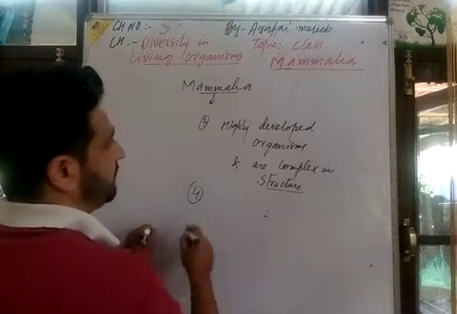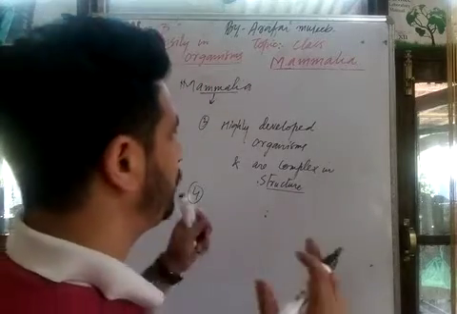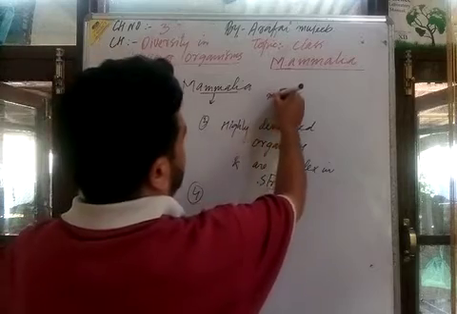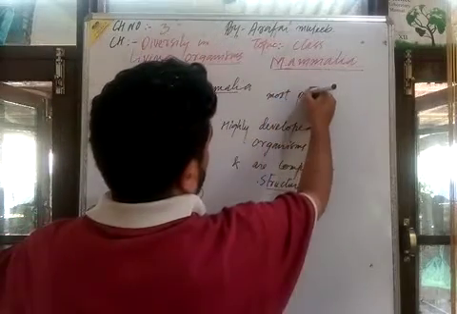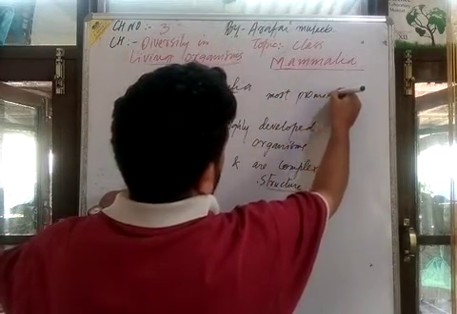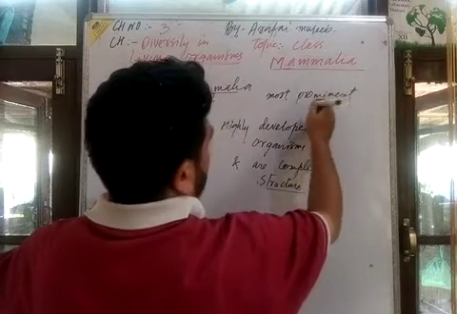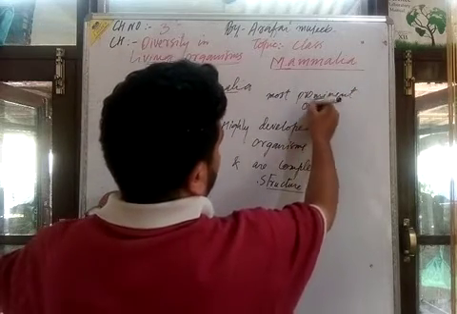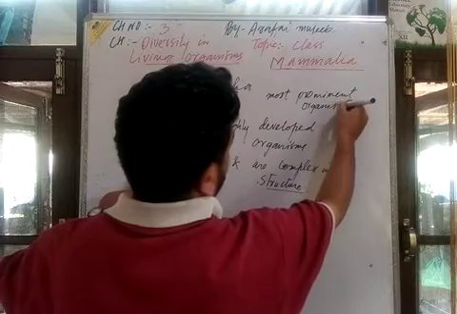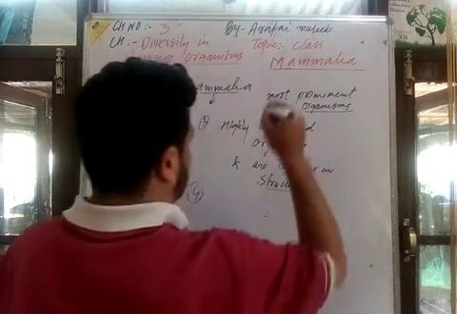Fourth one is they are highly developed, the most prominent and stable organisms on the surface of the earth. These are the most prominent organisms.